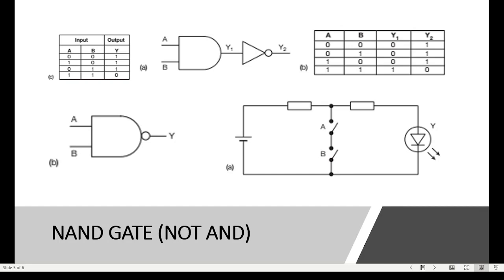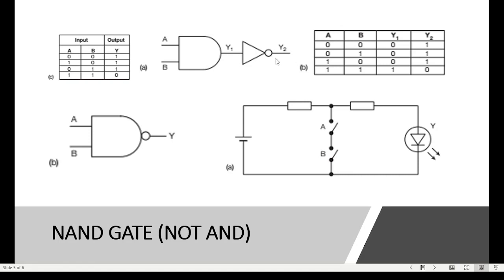Now if I turn on B and leave A off, then I still get an output at 0, right? All switches must be on for you to get the 1 here in an AND gate. In an AND gate. Good.